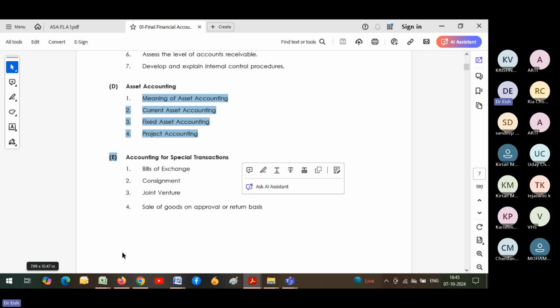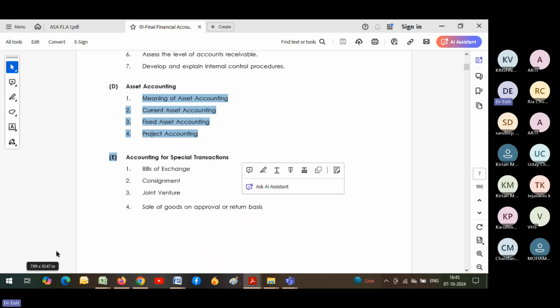We also see how project accounting is done. For example, Delhi Metro, or the metro in your state, is doing project accounting. For example, they are laying the metro underground. They have to do a project. Once the project is over, the accounting is over.